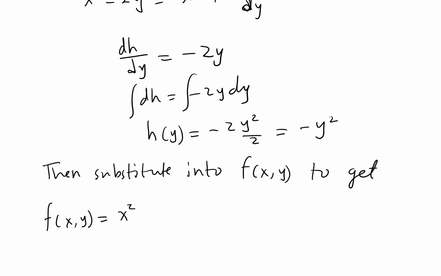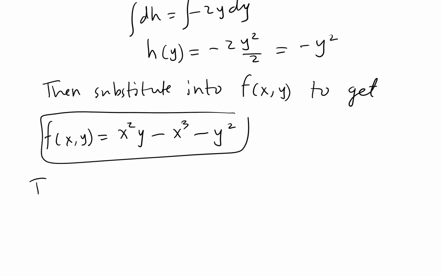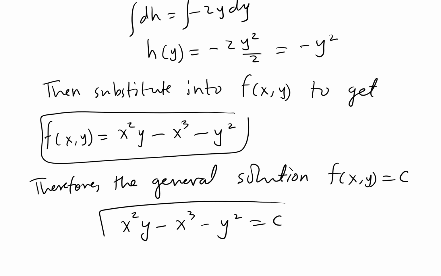It was x squared y minus x cubed plus h of y, but h of y is minus y squared. So that's the function we need. Therefore, the general solution f(x,y) equals c can be written as x squared y minus x cubed minus y squared equals c.